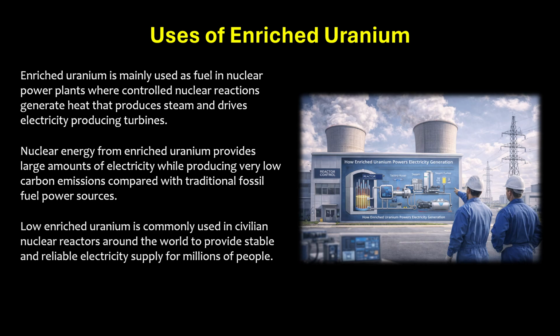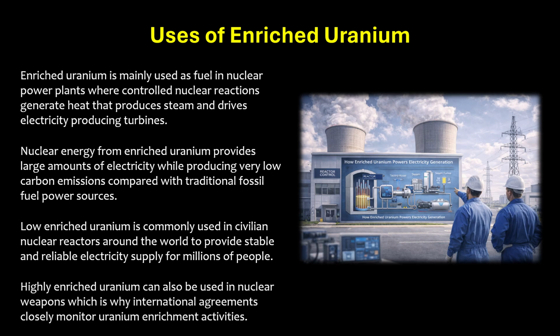Low enriched uranium is commonly used in civilian nuclear reactors around the world to provide stable and reliable electricity supply for millions of people. Highly enriched uranium can also be used in nuclear weapons, which is why international agreements closely monitor uranium enrichment activities.